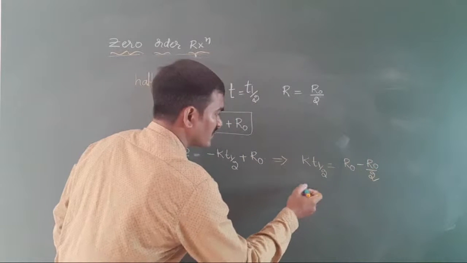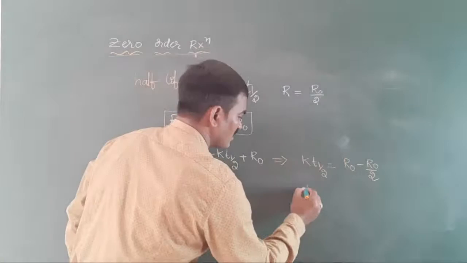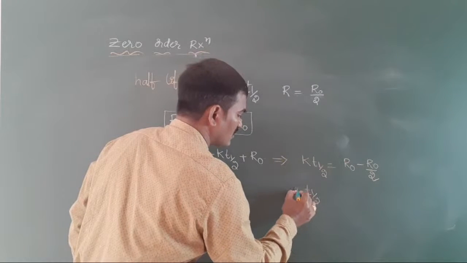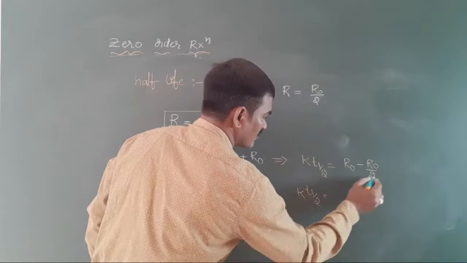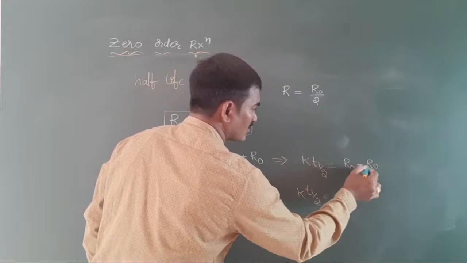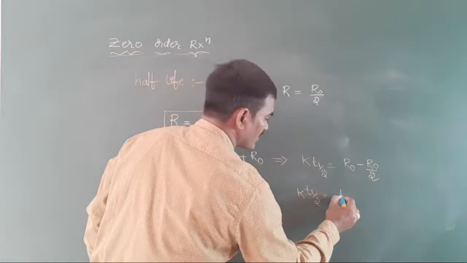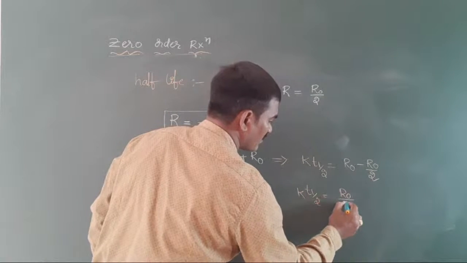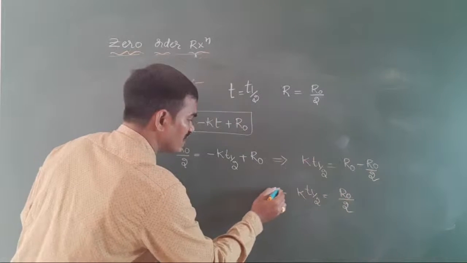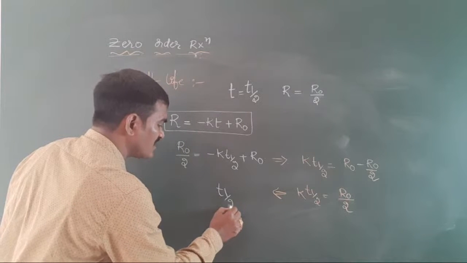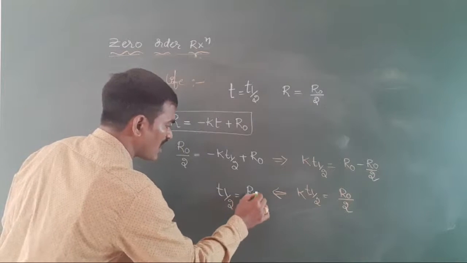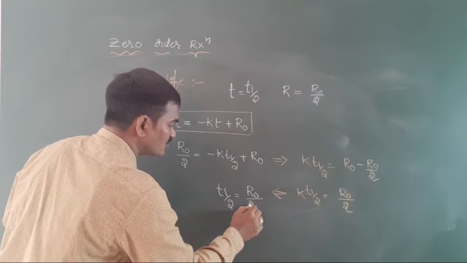If you subtract this, it becomes 2R naught minus R naught by 2. So finally you will get R naught by 2. Therefore finally you can write T half is equal to R naught by 2K.